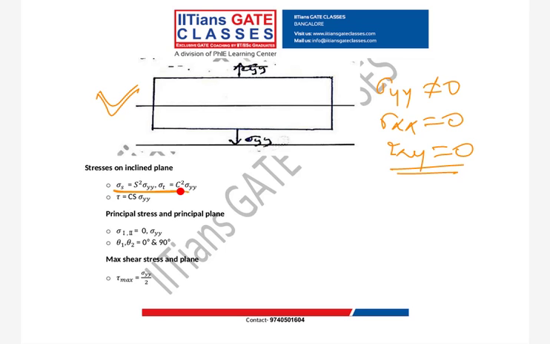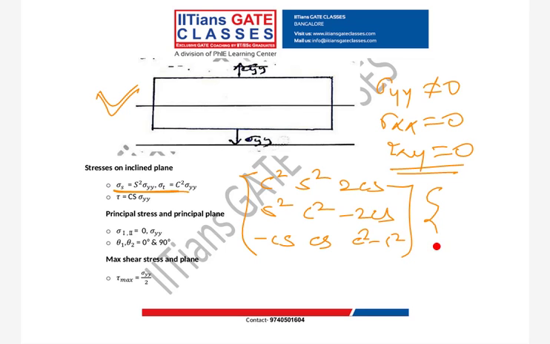It is the same, right? C square, s square, 2cs; s square, c square, minus 2cs; minus cs, cs, c square minus s square, times sigma xx, sigma yy, tau xy, and here you have sigma s, sigma t, tau st.